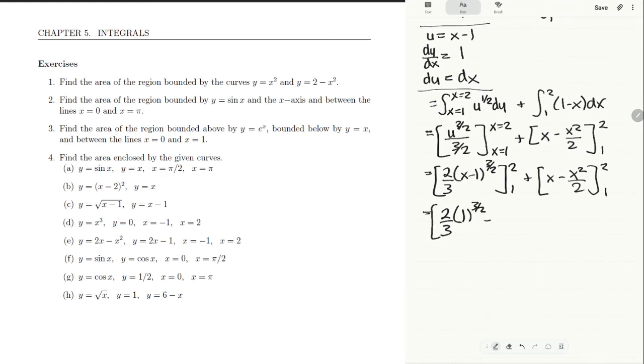When we subtract the evaluation at the lower limit, so 2 over 3 times 0 to the 3 over 2. And then we add this to the evaluation of the other integral. We have 2 minus 2 squared over 2. And we subtract the evaluation at the lower limit, which is 1, minus 1 squared over 2.